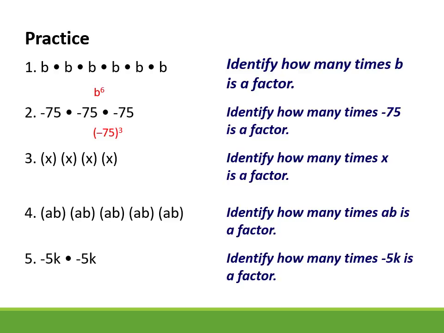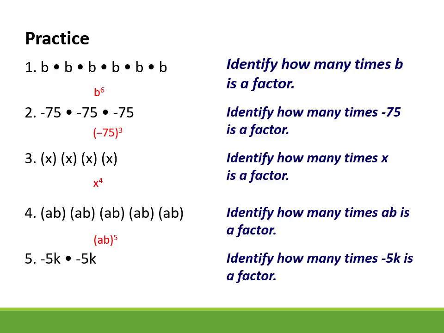Identify how many times x is a factor, that is x to the power of 4. And AB, let's identify how many times AB is a factor: AB raised to the power of 5.